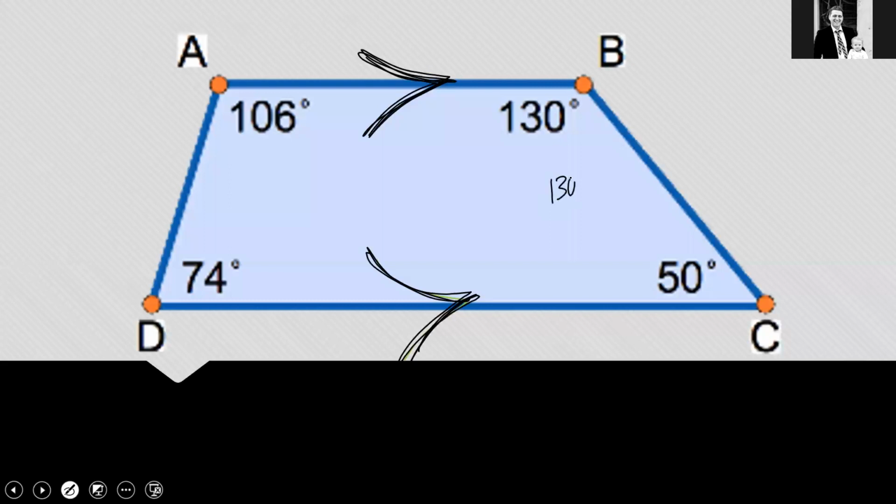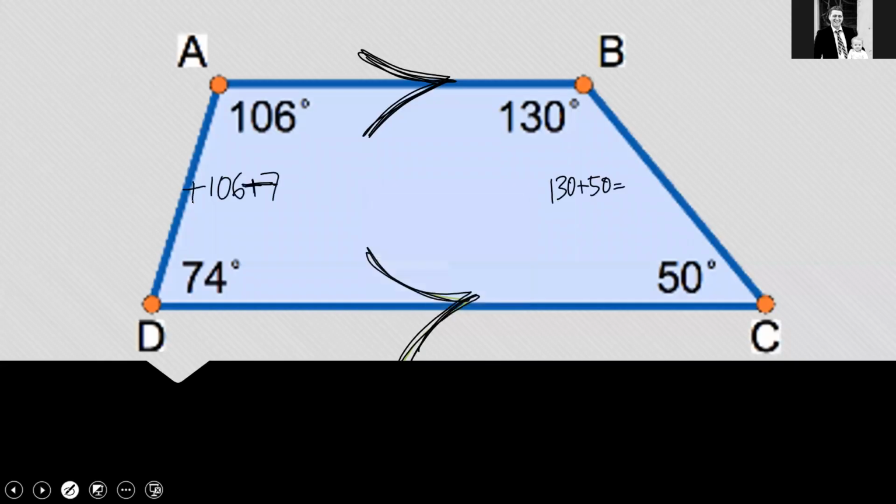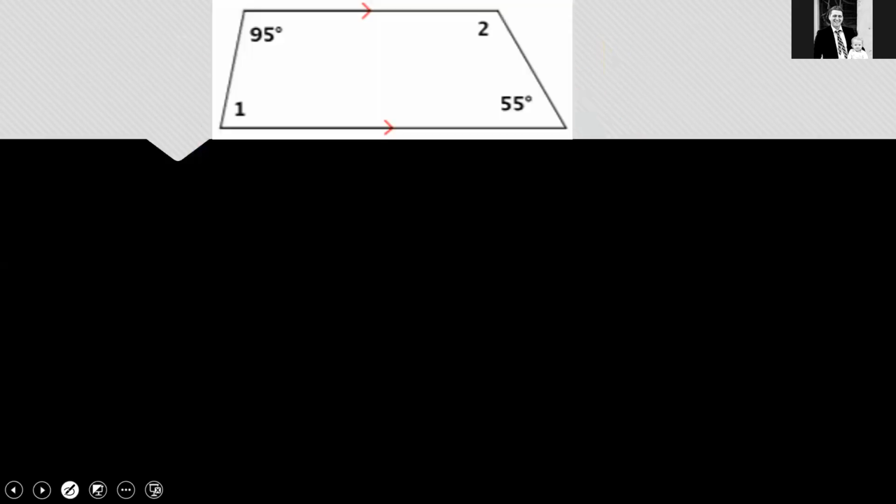Now, a concept you might remember from consecutive interior angles: they always add up to 180. So we're going to use this to solve a few problems.